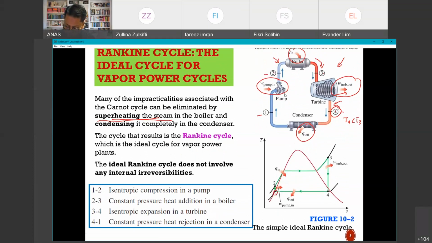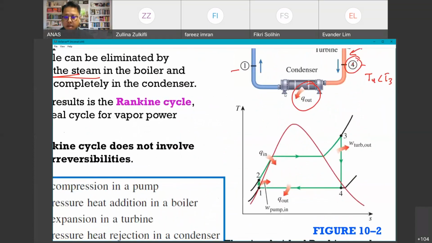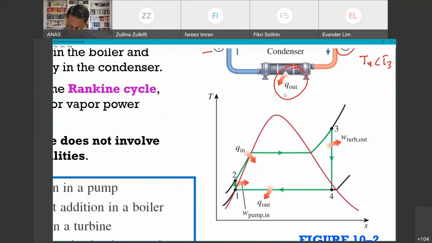So from 1 to 2, if you look over here, I'm going to zoom in. 1 to 2 is the W pump in. Remember, you need to label W pump in to make your diagram complete. So that's the compressor.